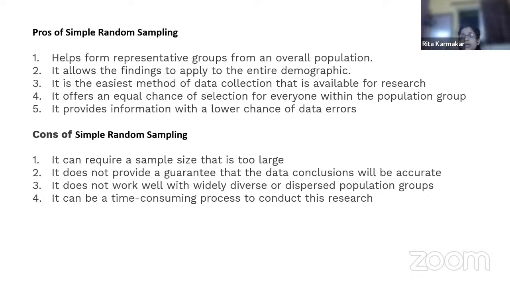If you are putting them together and choosing randomly using this random number generator, sometimes it may happen that you are choosing only those who are very dominant in this particular population. Basically, the normal children would be dominant, followed by the specially able children.